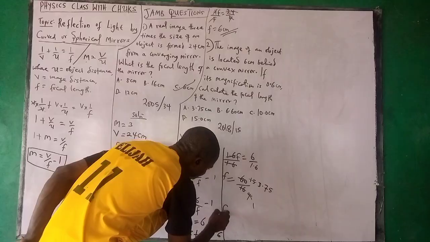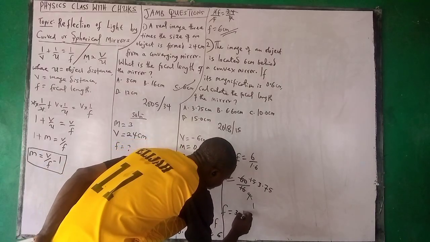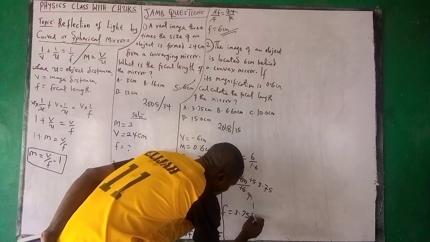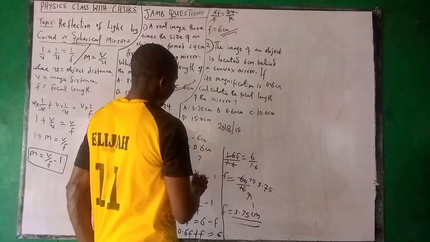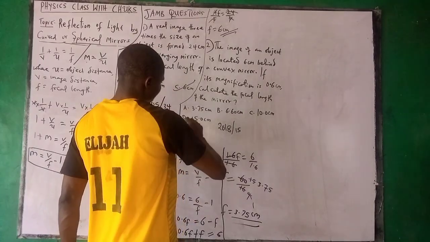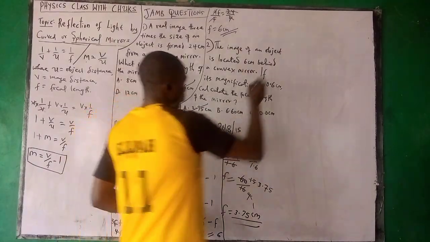So F will be equal to 3.75. Put the unit. Which option is that? Option A is the correct option.